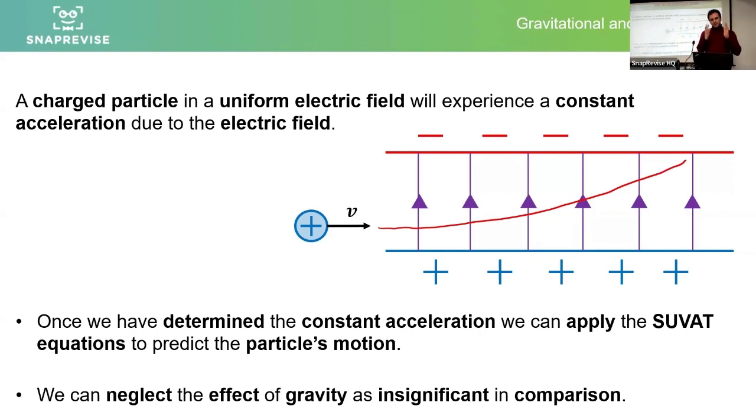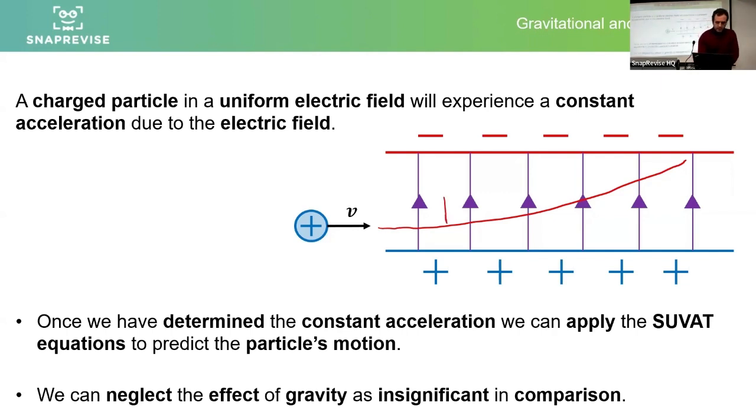We said the gravitational field on planet Earth near the surface is a uniform field. And we also know from our projectiles work yesterday that projectiles travel in a parabola. But it's the same story here. We've got a particle moving in a uniform field, and it's going to move in a parabola again.